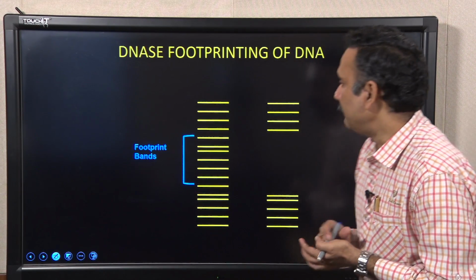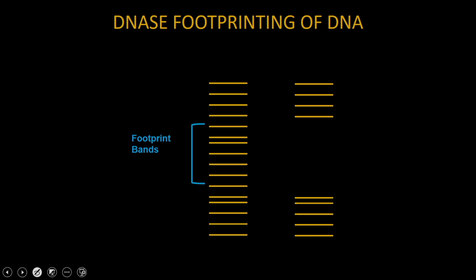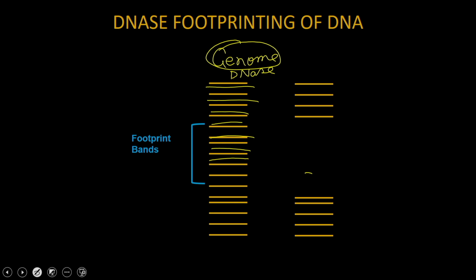So, let us see this with the DNA. You take the genome and use a DNase and ask it to cut. If you ask the enzyme to cut the genome into multiple pieces, you are going to see multiple pieces. But if you protect some region of this DNA, you can imagine that at this region we have added a steel block.